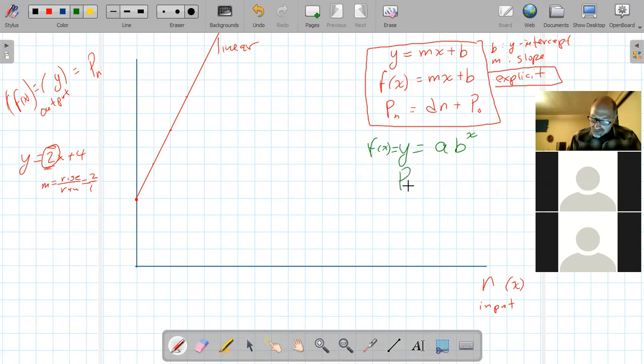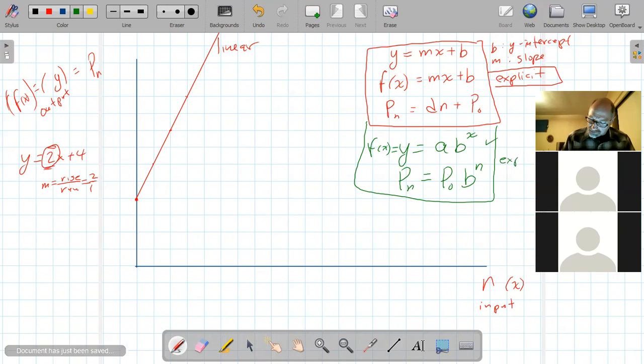And now we're going to use this. Instead of y, we'll use p sub n. Instead of a, we'll use p sub 0, and then we'll have b to the n. Instead of x, we have n. So I hope you've seen exponential before, and hopefully it's looked like that. And these are also explicit formulas.